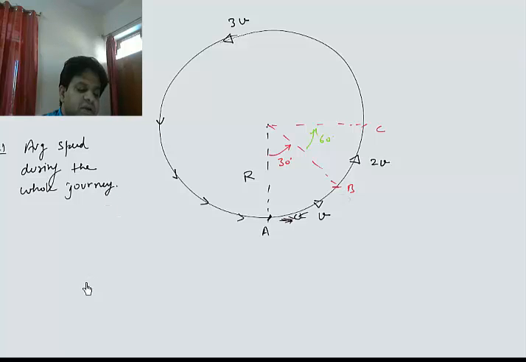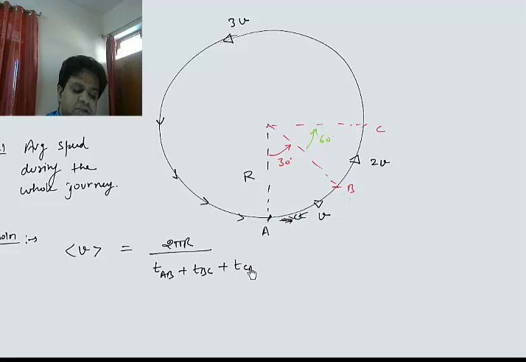So to calculate the average speed of the insect during the whole journey, we have to calculate the total distance, which will be simply 2 pi r, because the circumference of the circle is 2 pi r, and time will get divided in 3 parts: time of journey AB, time of journey BC, and time of journey CA.